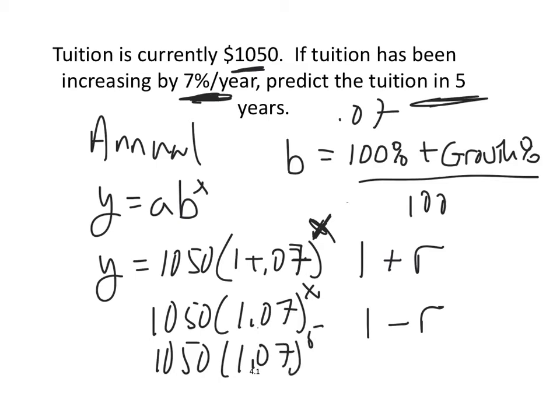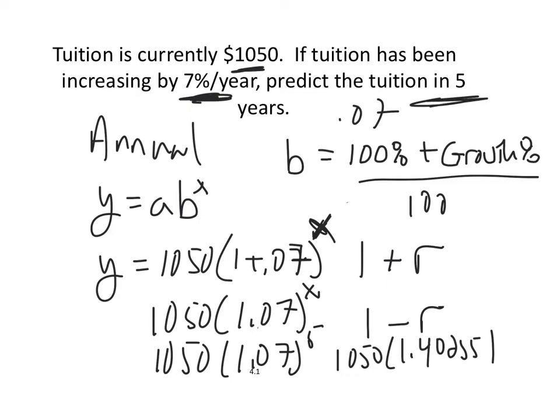So what I would do in my calculator, and of course I don't have a calculator on this device, is 1.07 raised to the 5th power. I got 1.40255, and so on.